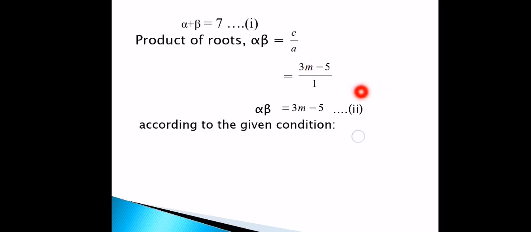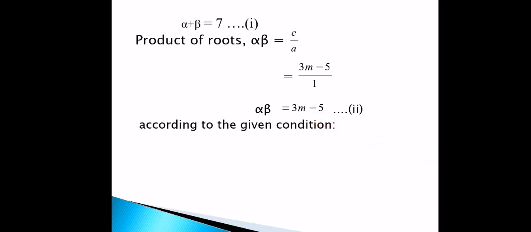But to find out the value of m from this equation, we must have the values of alpha and beta first. So for finding the value of m, we will first find out the values of alpha and beta, and for this we will use the given relation.